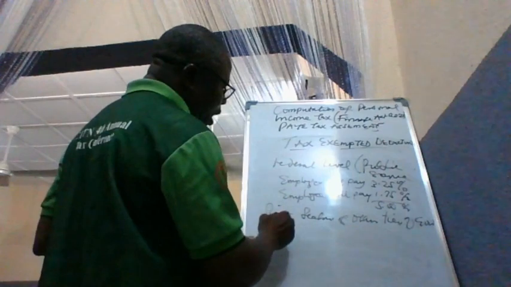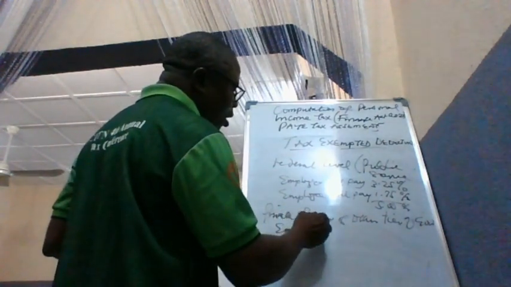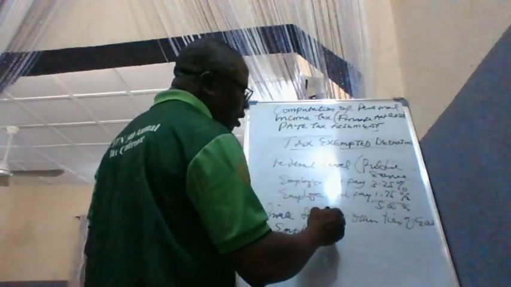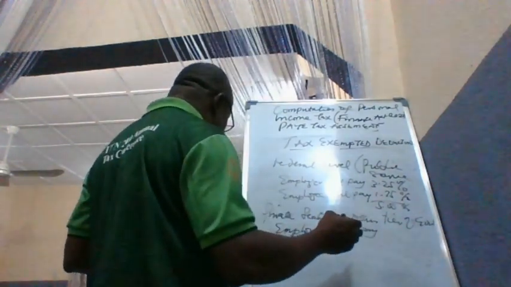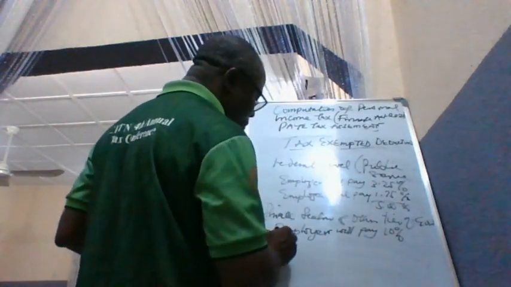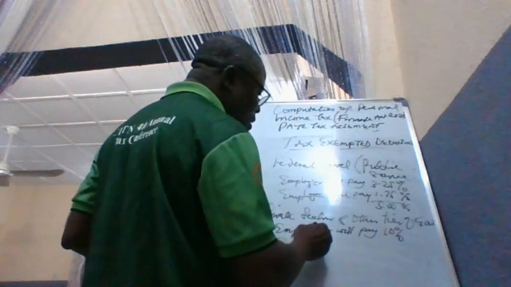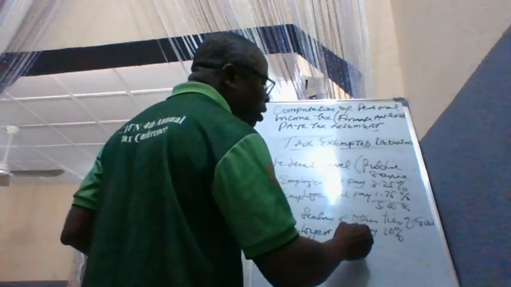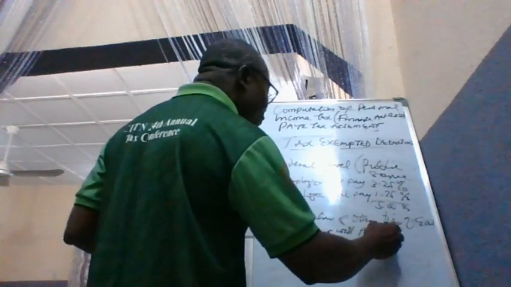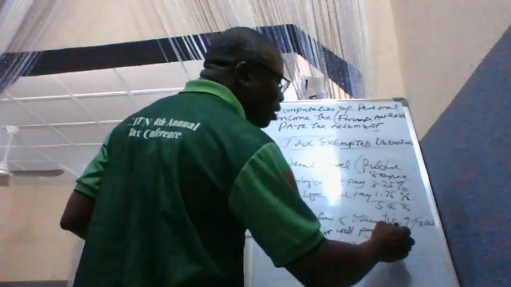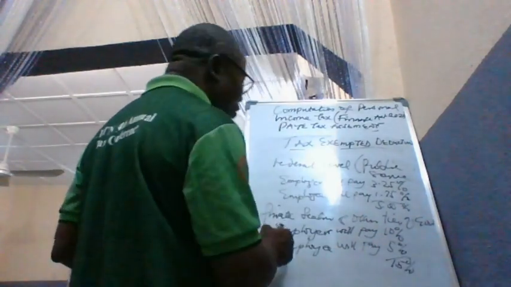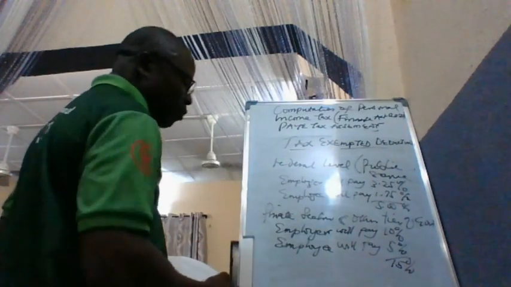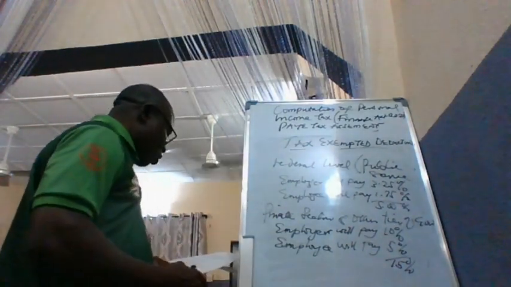Under here, the employer is expected to pay 10%, while the employee will pay 5%, and that will be 15% altogether. So 15% of this needs to be remitted to the National Health Insurance Scheme.